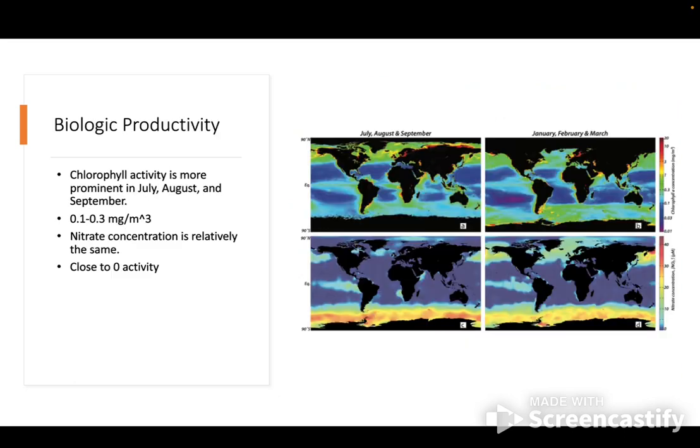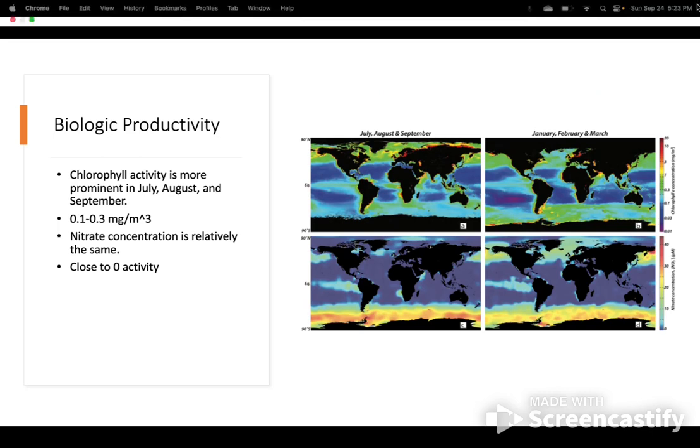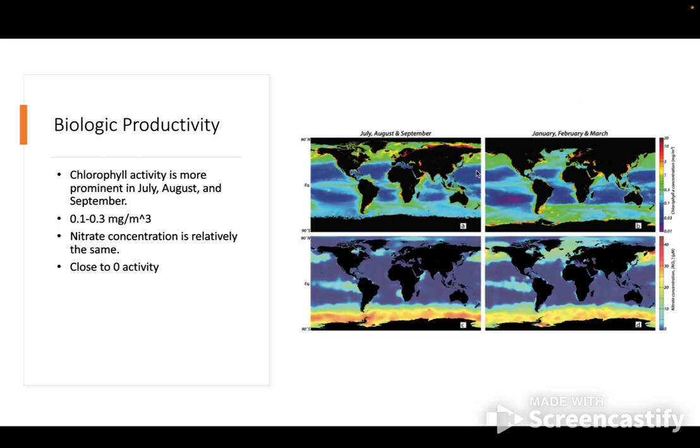All right, so for the biologic productivity, the top two here show the chlorophyll concentration throughout different parts of the year. Looking closely, the chlorophyll activity is slightly more prominent in the summer months of July, August, and September, around 0.1 to 0.3 concentration, compared to the winter months, if you want to call those.